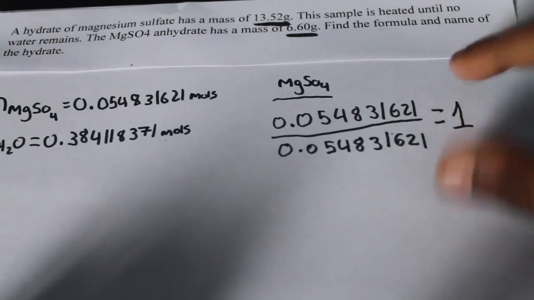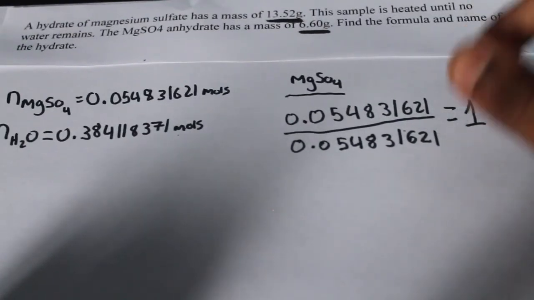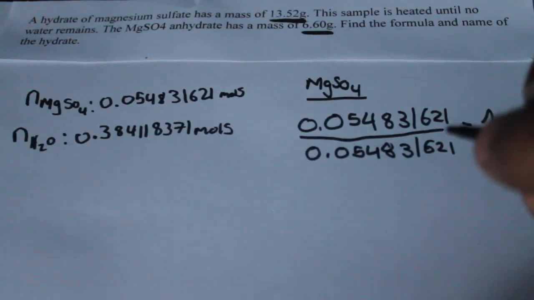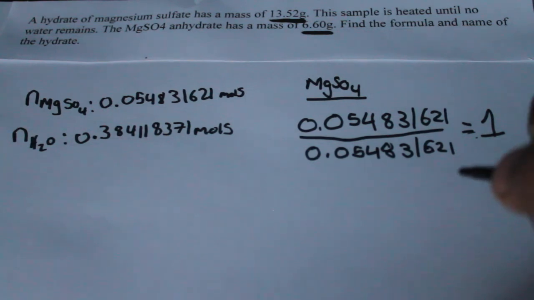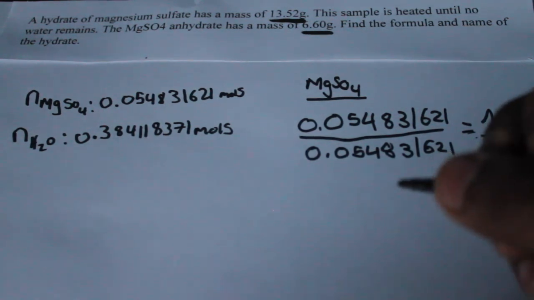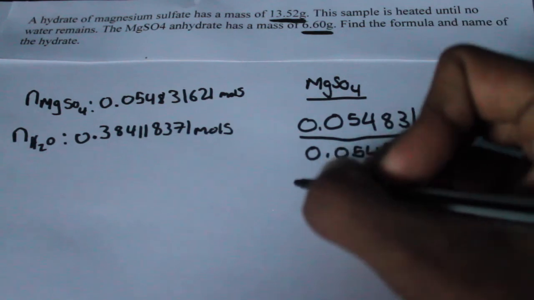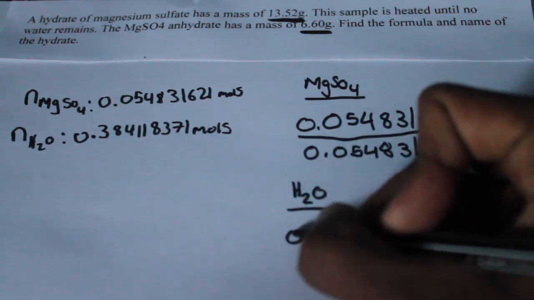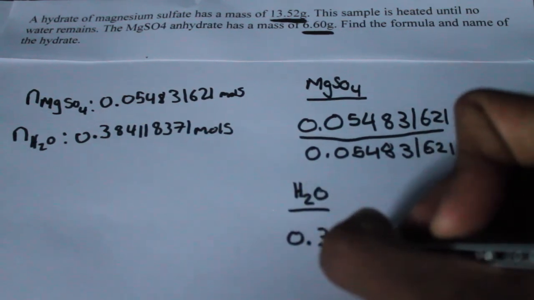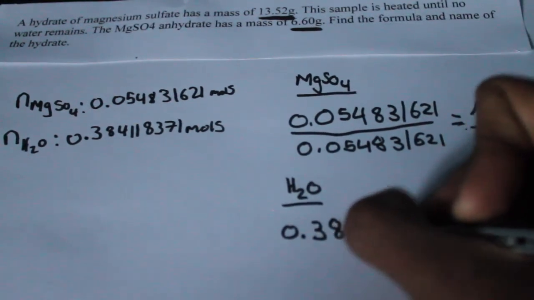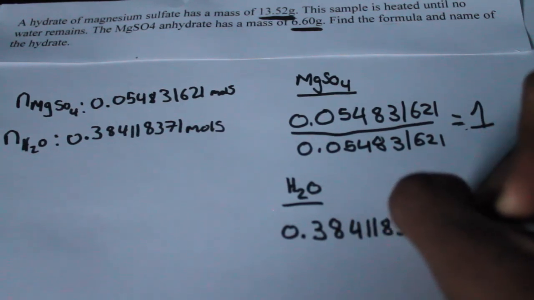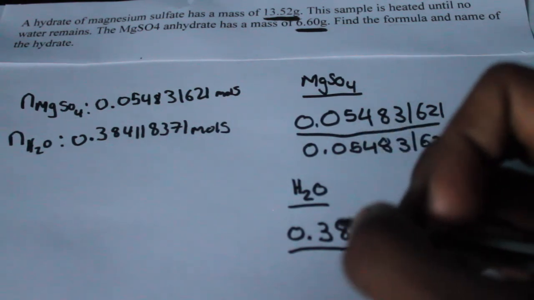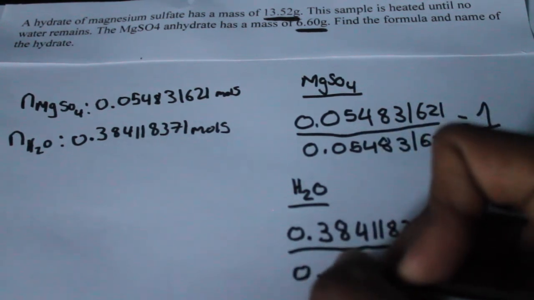A number divided by itself is always 1. Now, I can divide the number of moles of H2O, 0.3844118371 moles, by the number of moles of magnesium sulfate, because it is the lowest value of moles.